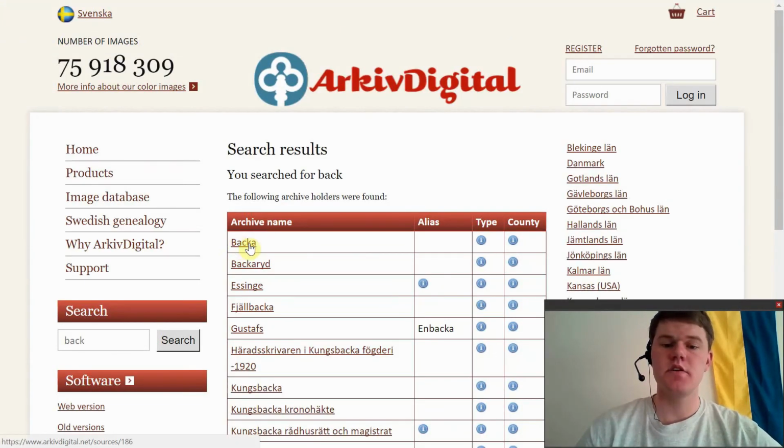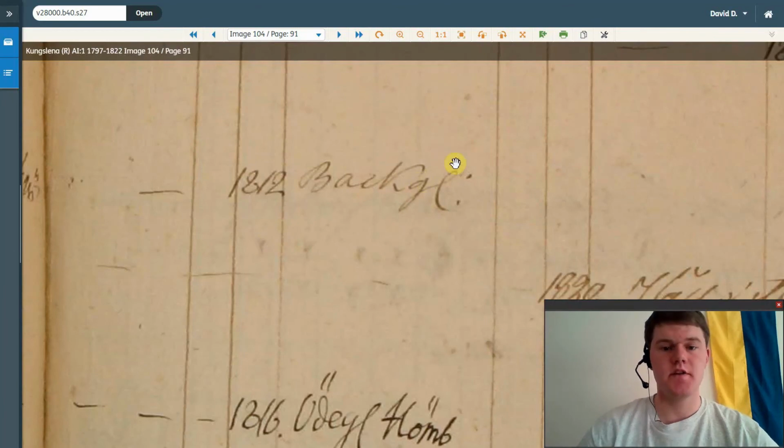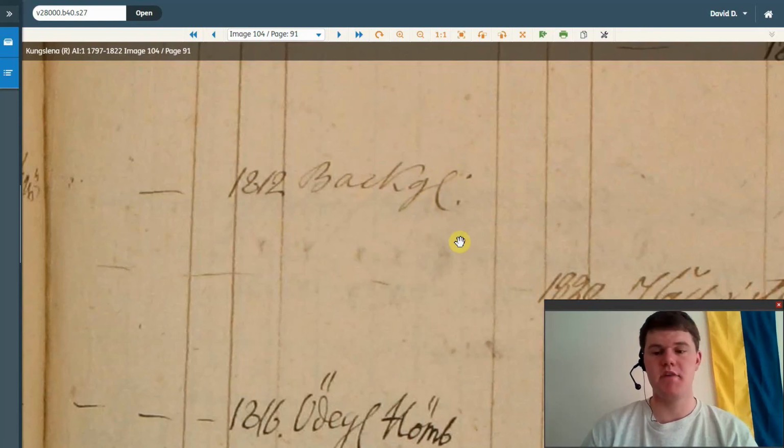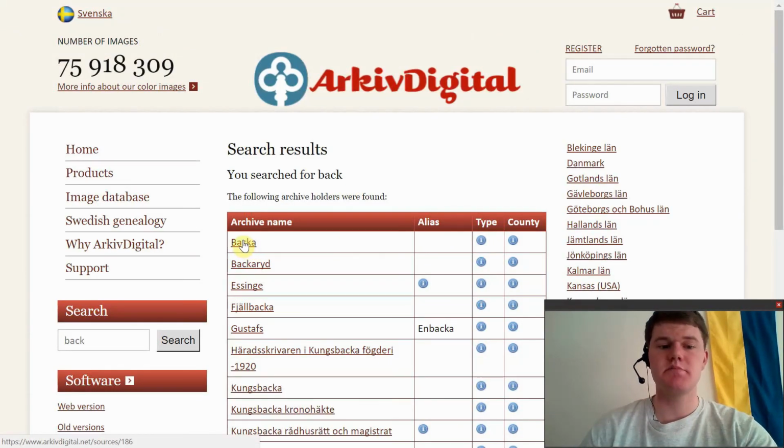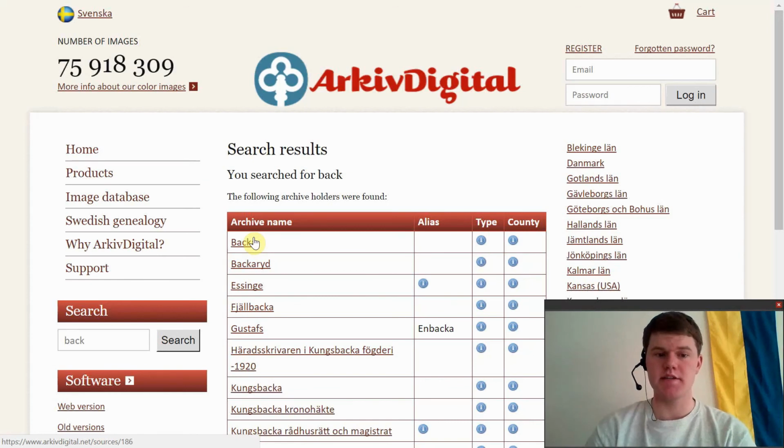This one is not it, because here's something that's good to know: this symbol right here means that it's a village or a farm. But if you were to think that this was it, this BACKA, or in the other case with Osle, if you thought some of the other things were it and you looked in those places, that's not wrong.